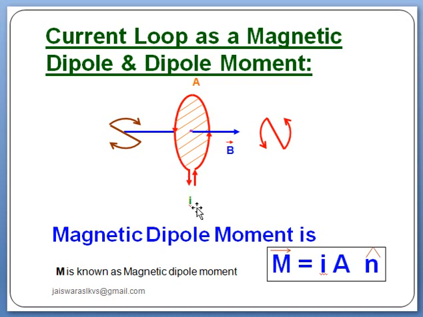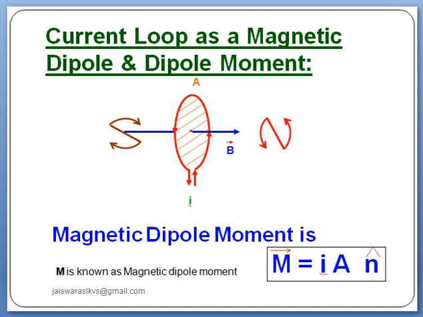The magnitude of current is I. Because of this current, a magnetic field is created around it. Suppose the strength of magnetic field created around this circular loop, current carrying loop, you may say, is B. Okay, let capital A be the area of the circular coil.